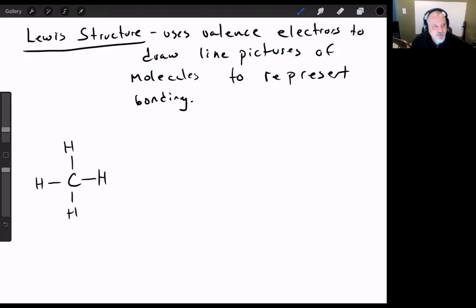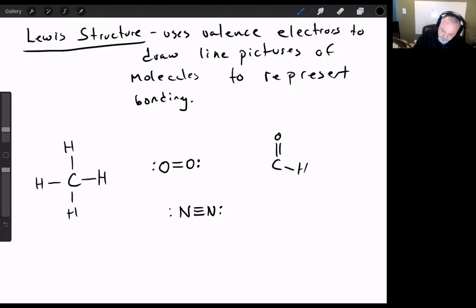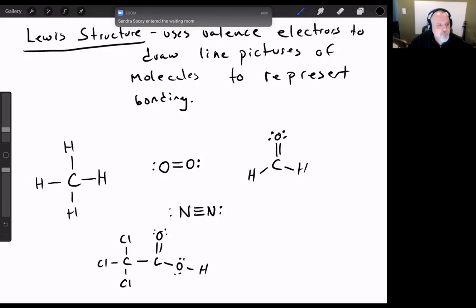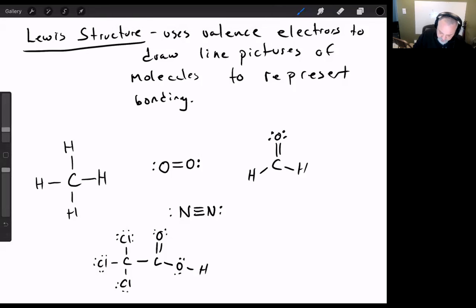This might be a little bit more along the lines of what you think about when you see a picture of a molecule. Okay, so here's some Lewis structures.